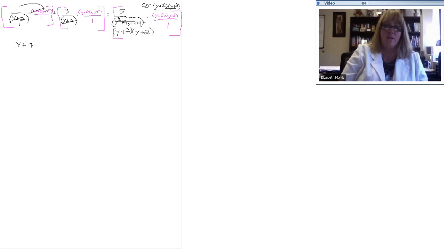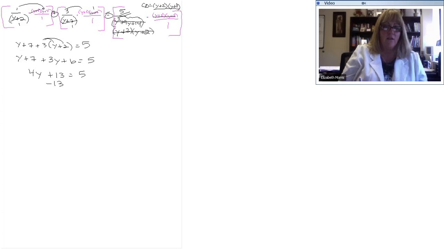Then I have plus 3 times y plus 2, equals, all that's gone, I just have my 5. So y plus 7 plus 3y plus 6 equals 5. Combine like terms, you get 4y plus 13 equals 5. Move the 13 over, you get 4y equals negative 8. Divide by 4, and you get y is negative 2.